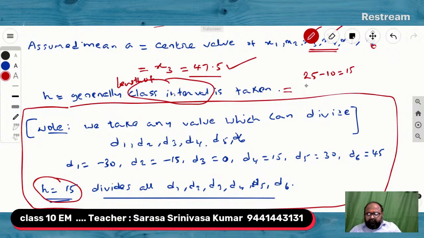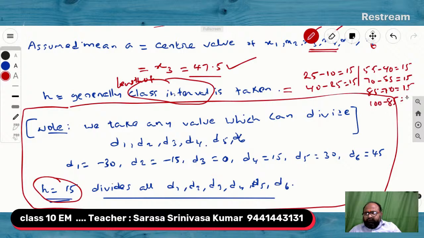And next, 40 minus 25, it is also 15. 55 minus 40, it is also 15. 70 minus 55, it is also 15. 85 minus 70, it is also 15. 100 minus 85, it is also 15. So generally, the length of the class interval is taken as h.